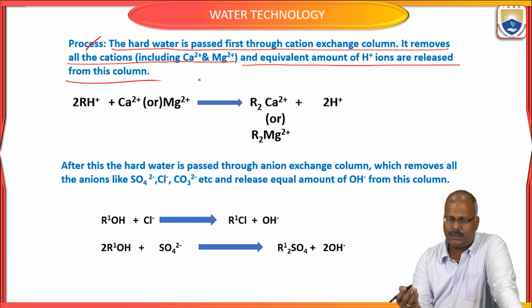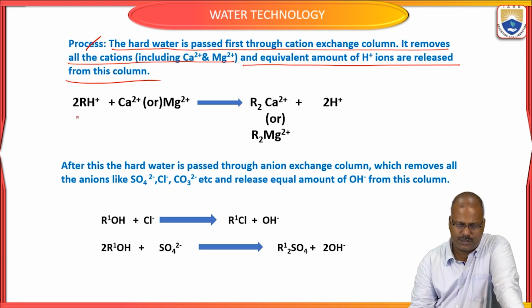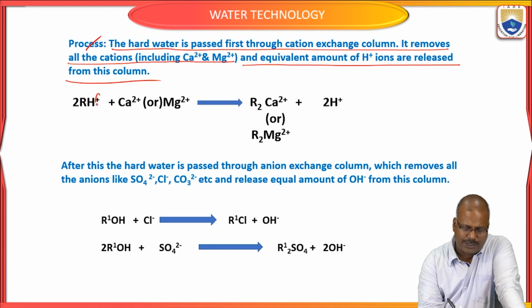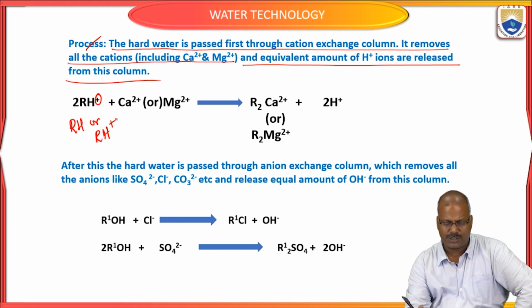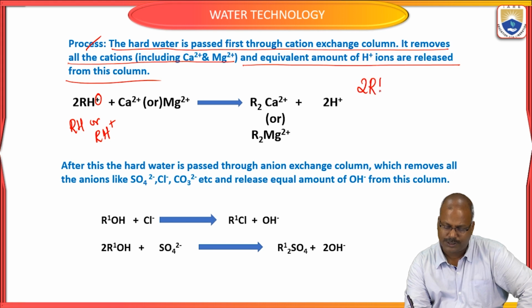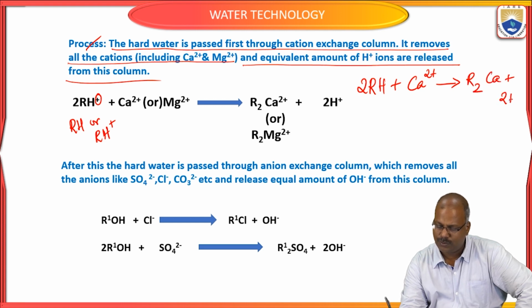Either you put H plus or H, it doesn't matter. You can write it as RH also. 2RH plus Ca2+ gives R2Ca plus 2H+.